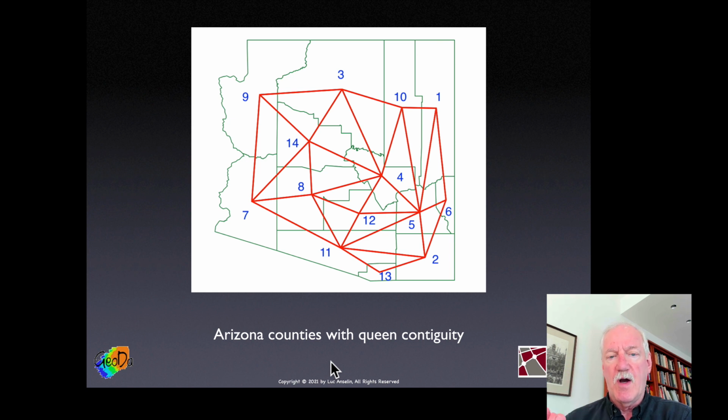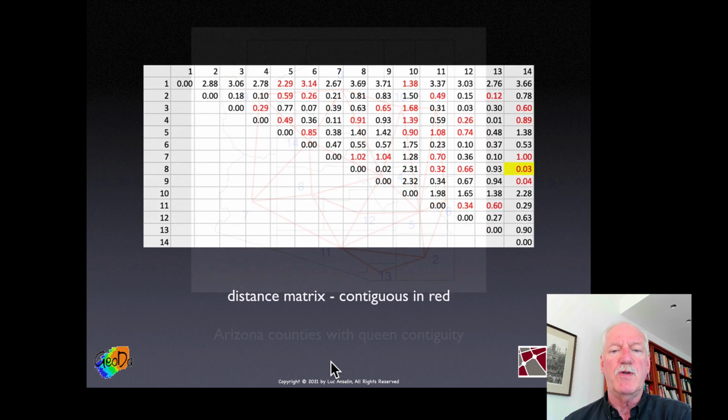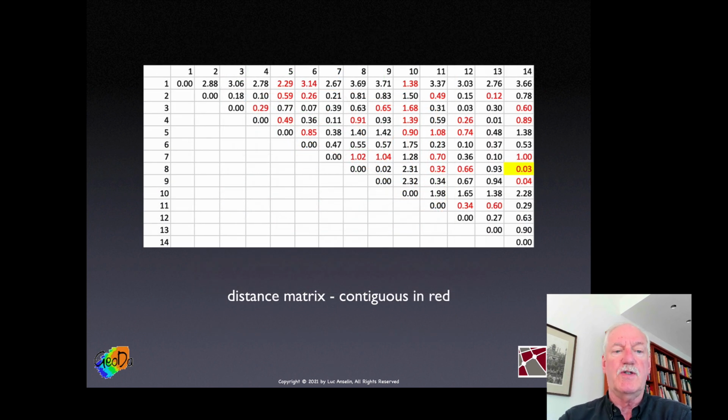That's our basic weights matrix, and then we have the variable of interest, and you have the details in the notebook as usual, which is the unemployment rate. We can compute the distances between the counties in terms of the unemployment rate, and that's the 14 by 14 distance matrix that results.